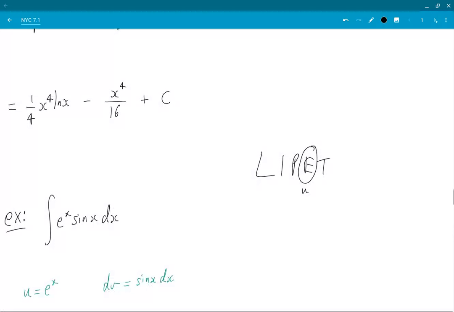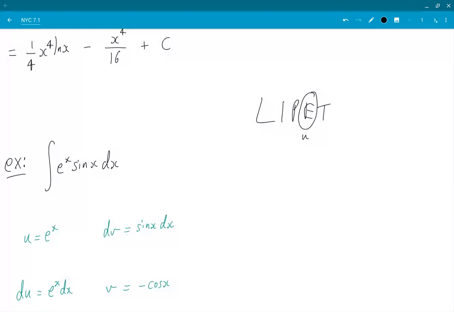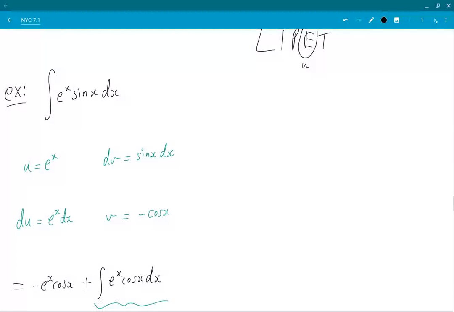Well, it's not going to matter in this case, but thankfully I followed LIPET. Okay, I make that choice, work out my du and my v, and plug it in. And here we are.